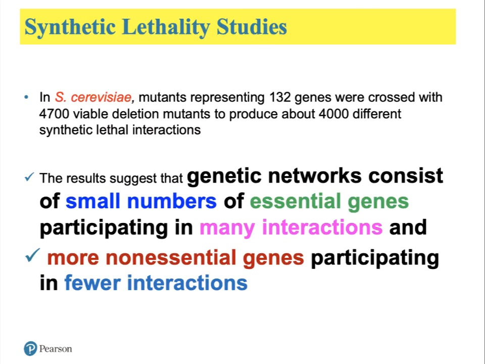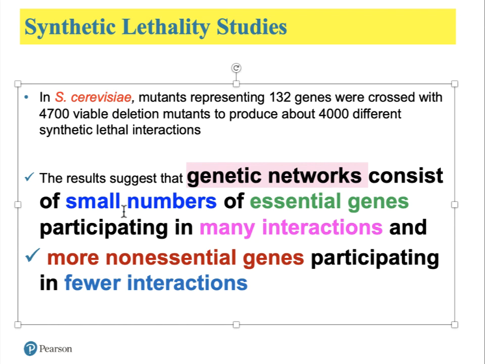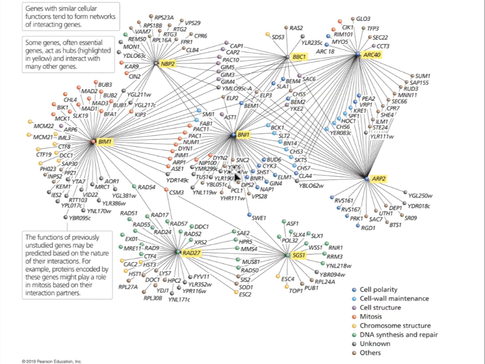The outcomes of these experiments are astonishing. They suggest that within these genetic networks, a small number of essential genes are participating in a multitude of reactions. And in addition, that more non-essential genes are participating in fewer interactions. That data was put together and it gave rise to this type of graphic.